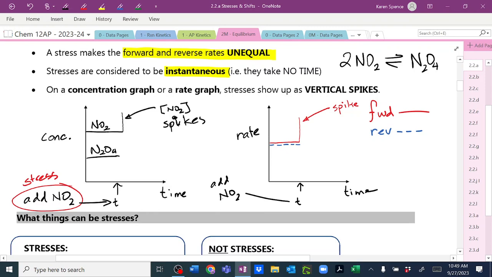So what kind of things can be stresses? If we're going to make those two rates unequal, it has to be something that does what? Changes the rate, okay? And it has to change either one of the rates only, or it has to change both rates, but by a different amount.